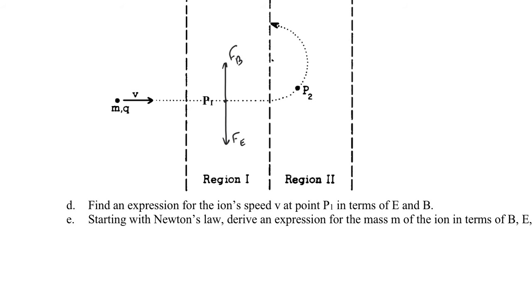Would a positive particle have a different set of forces if it passed through here? A positive particle would still pass through this same region without being deflected, correct? It would experience the same balanced forces, but they would be flipped.